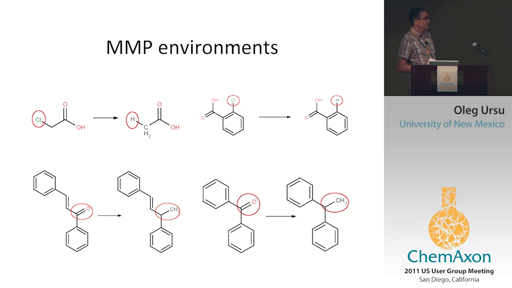And the same case here: if you change here the carbonyl, you'll lose the Michael acceptor capacity of this atom, and in this case you don't. So environments are important. And the way the application works in our case, it keeps the environments of each transformation.